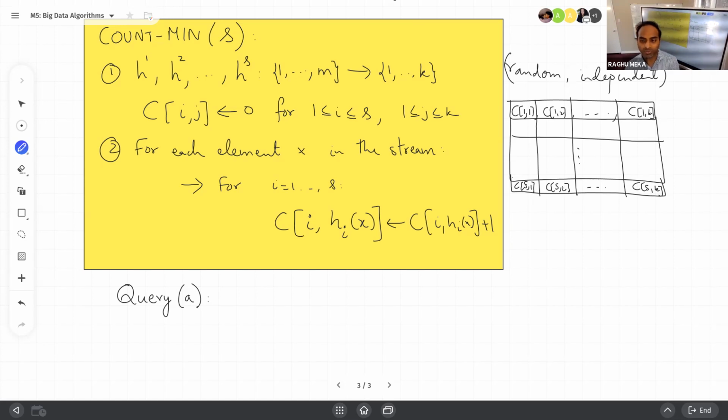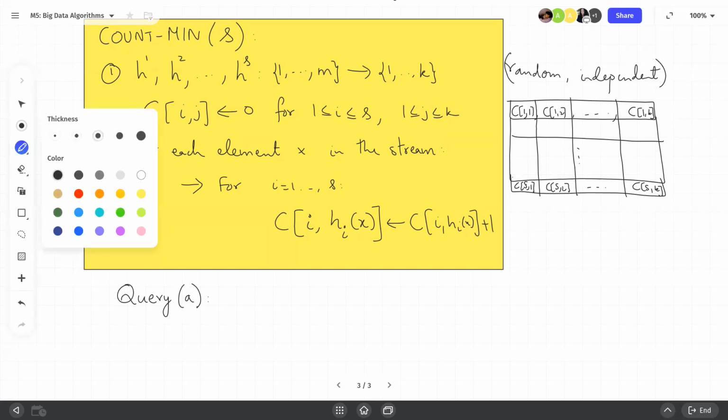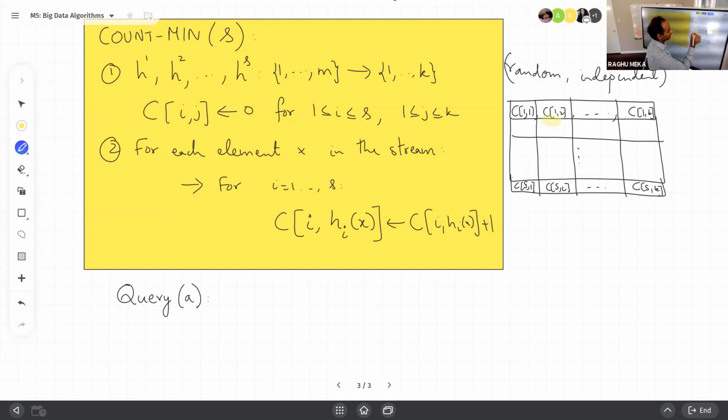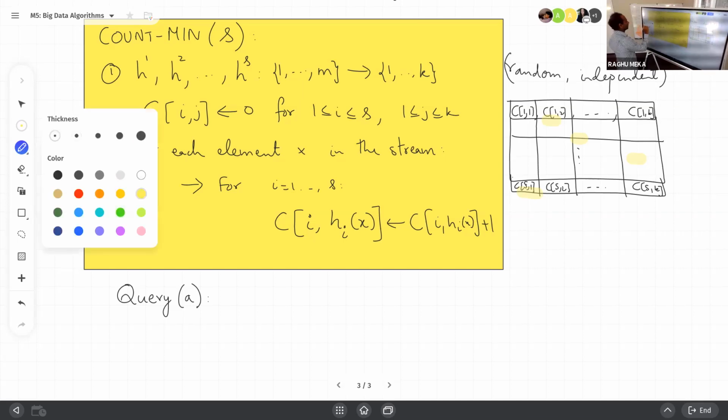So what should I do? Any suggestions? So imagine A comes and maybe it's hashed to here, here, here, and maybe somewhere here like this. So which of these cells should I return?